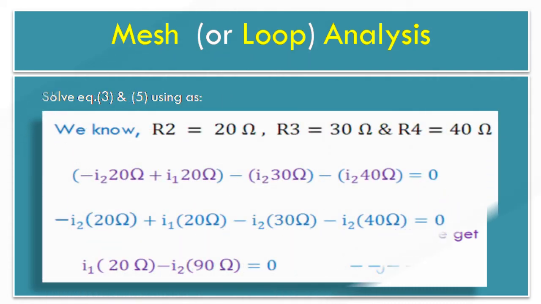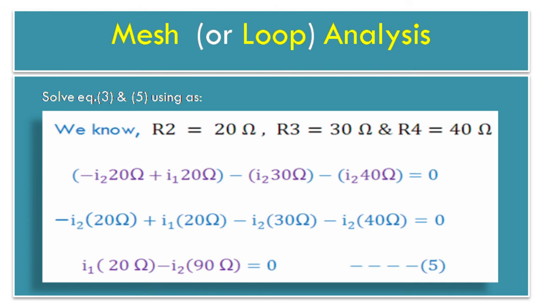Let's substitute values of R2, R3 and R4: minus I2 into 20 ohm plus I1 into 20 ohm minus I2 into 30 ohm minus I2 into 40 ohm is equal to 0. After simplification and rearrangement of common terms, we get the equation I1 into 20 ohm minus I2 into 90 ohm is equal to 0, which is represented by equation 5.